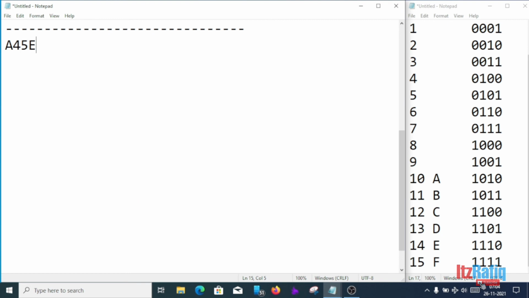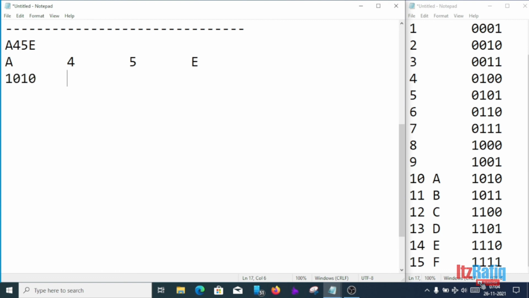So first we'll divide the number into groups: A, then the next group will be 4, 5, then E. Now we'll write the value of A, which is 1010.